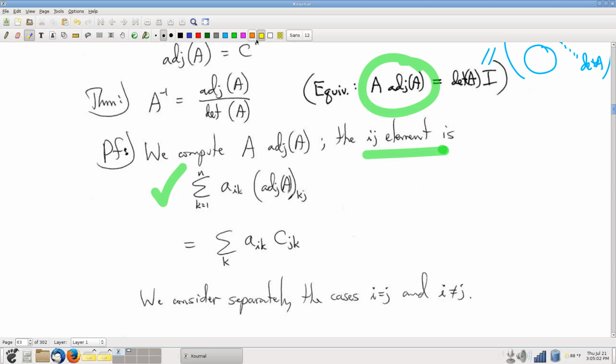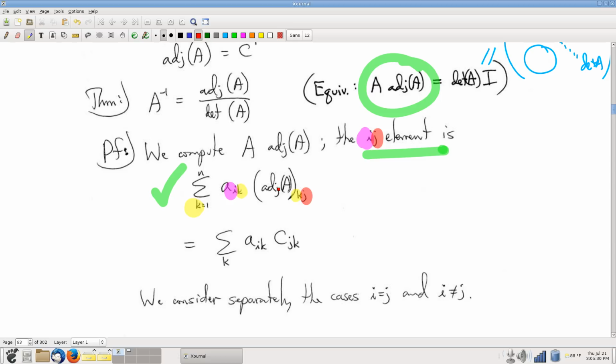Notice that in this formula, as k goes from 1 to n, we are simply multiplying the ith row of the A matrix by the jth column of the adjoint A matrix. So this is just row dot column.